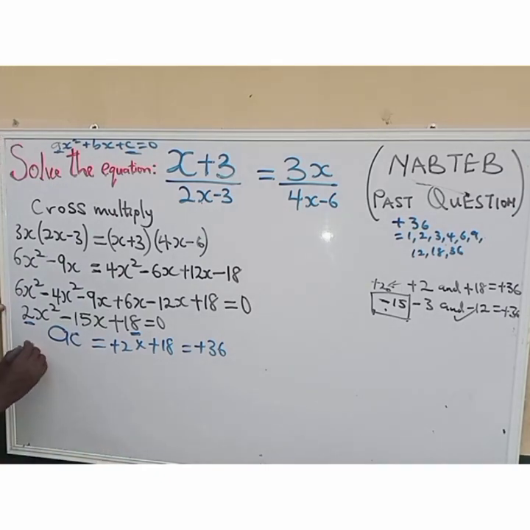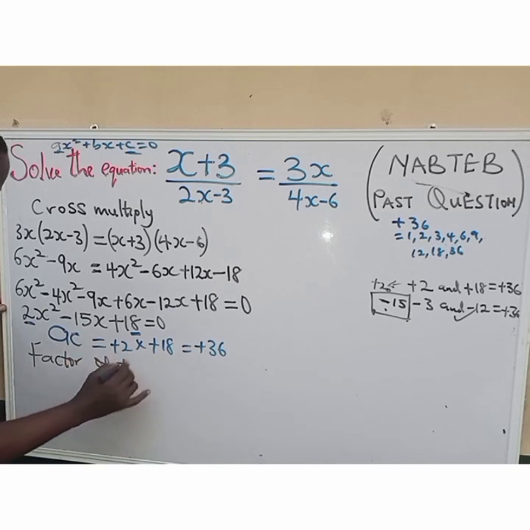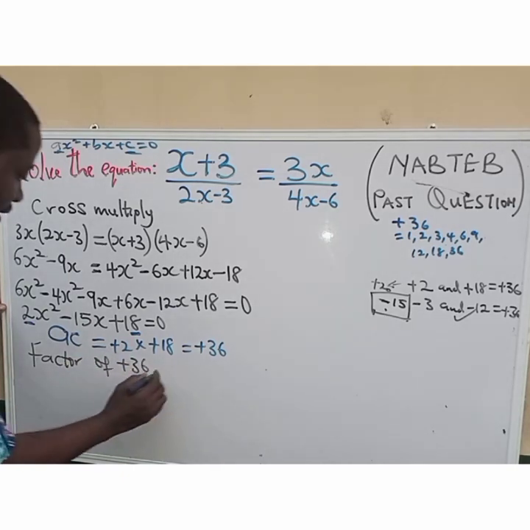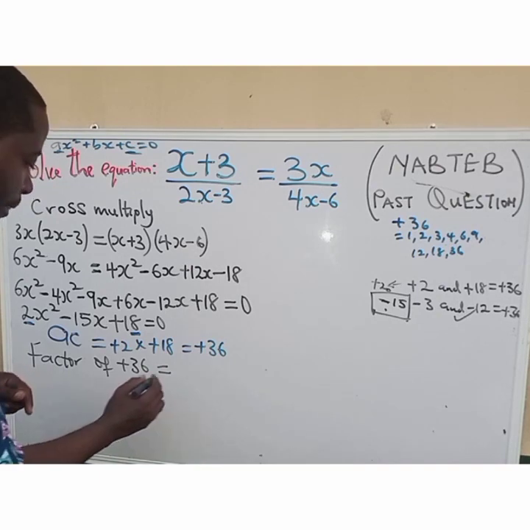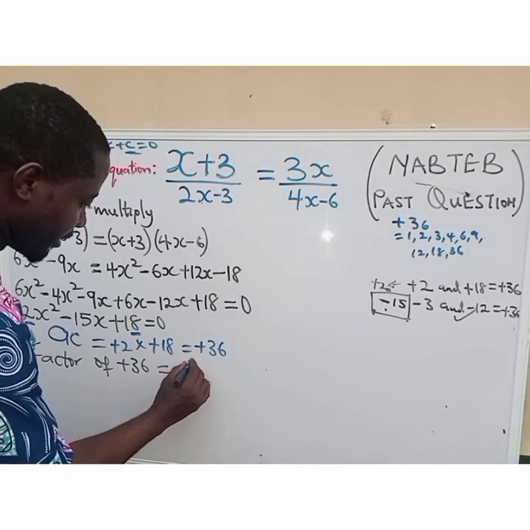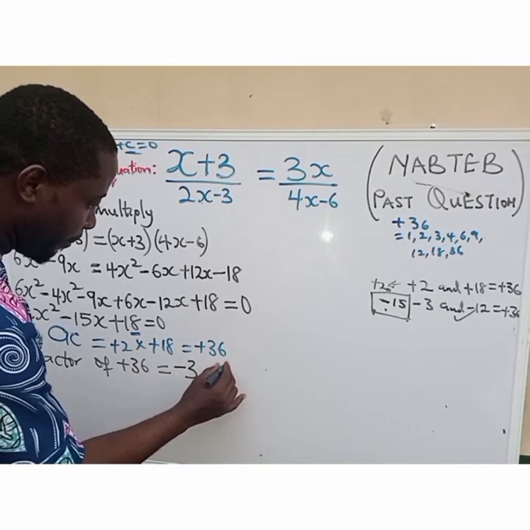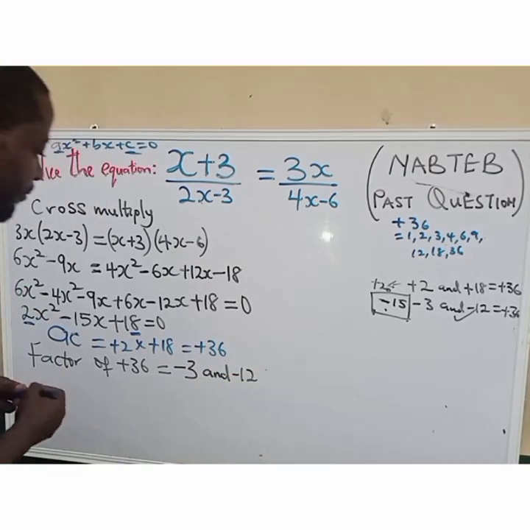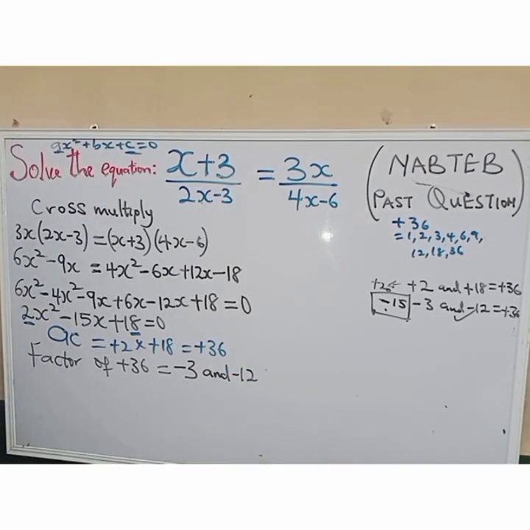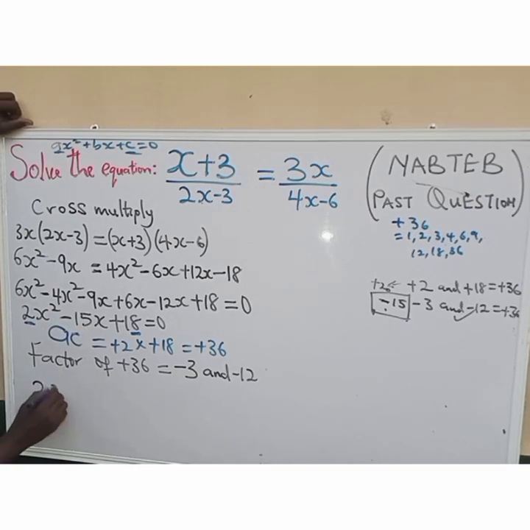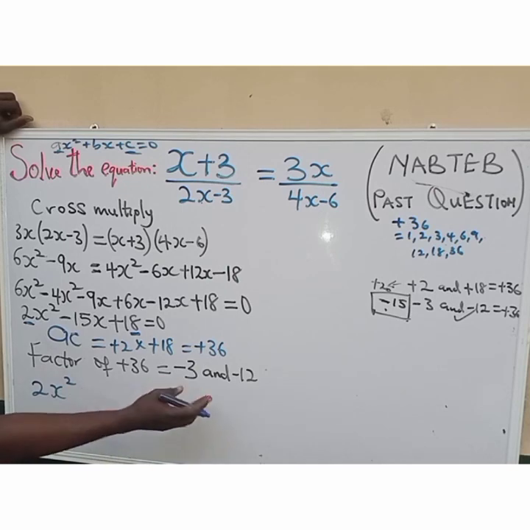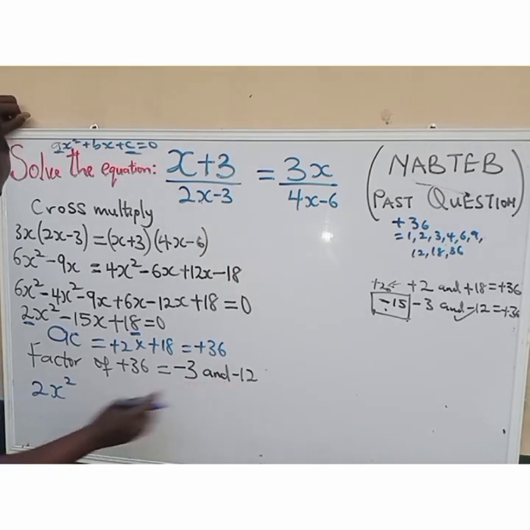So the factors of 36, factors of plus 36, will now be minus 3 and minus 12. Now, it's time to replace this minus 15x. I'm going to replace it with our factors.